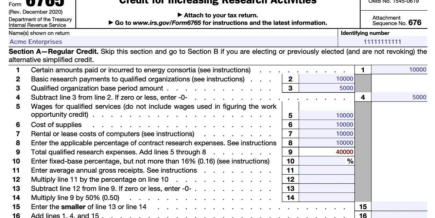In line 10, you will need to refer to the form instructions to determine what your fixed base percentage is. First of all, it depends on whether your company exists technically as a startup company or as an existing company.